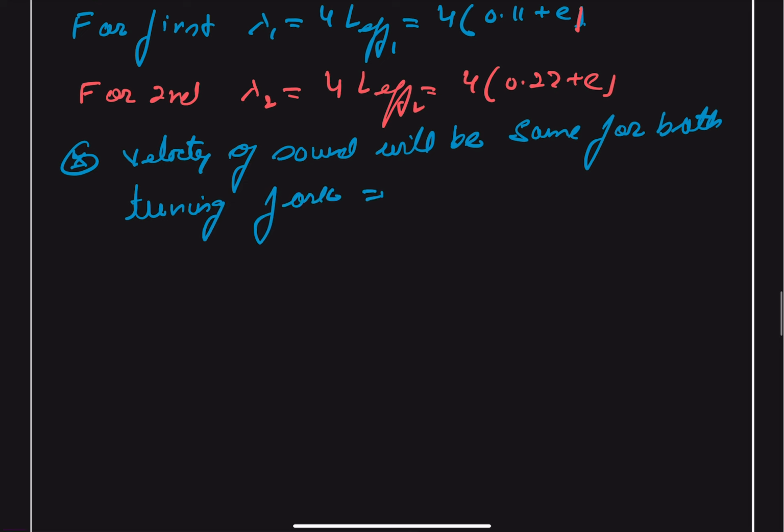Therefore, we can write that V will be equal to F1 multiplied by lambda 1, which is equal to F2 multiplied by lambda 2. We substitute both values.